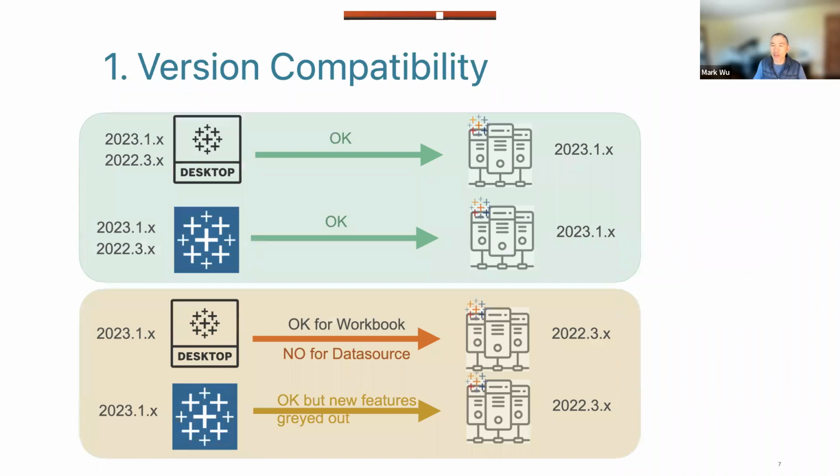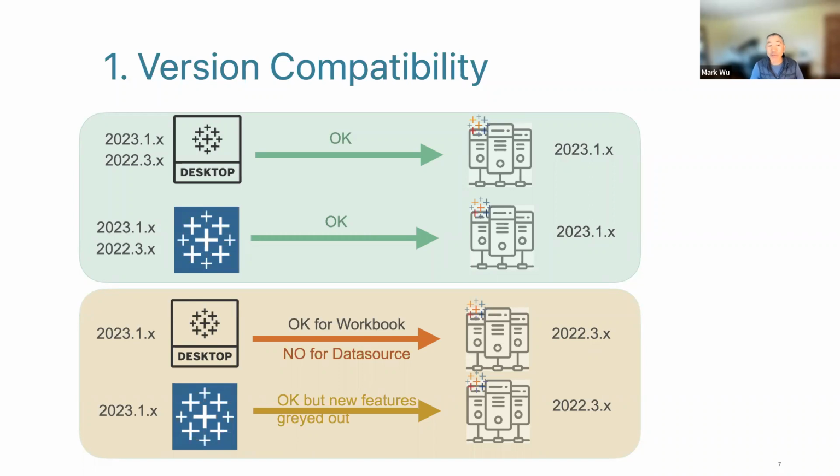What happens if you have different versions between your Desktop and Prep versus your server or cloud? It is okay for Desktop and Prep to have a lower version than the server or cloud. No issue, although those users cannot leverage the latest features, of course, but it works.